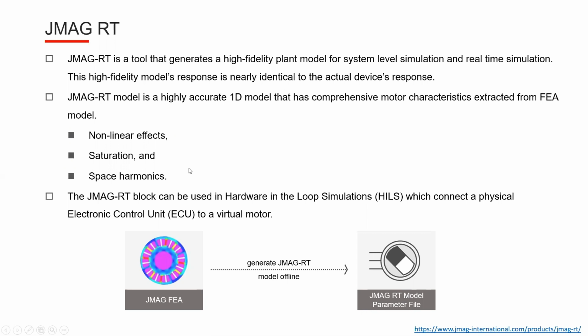So essentially, all the physics that goes into the machine, both the geometry and the materials used when building the actual machine. So the step to obtain JMAG-RT models is quite simple, basically.